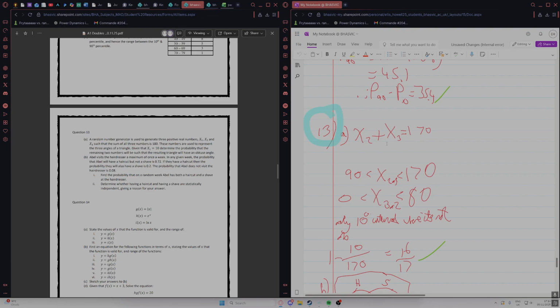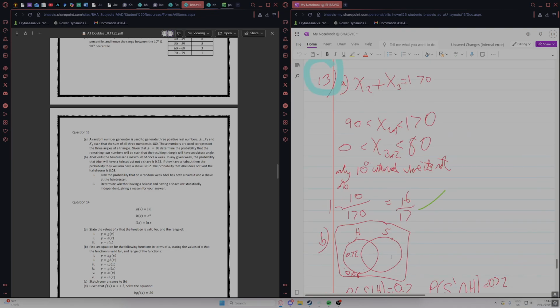So there's an interval of 160 out of the 170 degrees where it is obtuse, which means it's just 160 over 170, or I did 1 minus 10 over 170. The only time it's not obtuse is when one of the angles is between 80 and 90, because then the other one would also be under 90, which means the probability is 16 over 17.